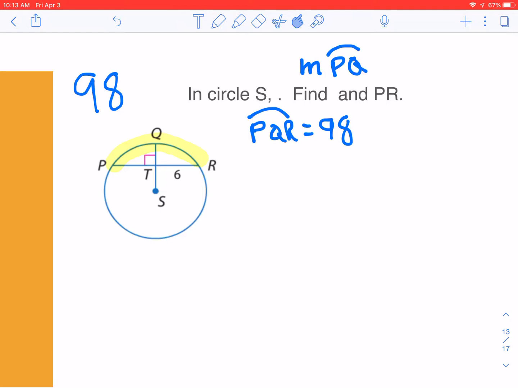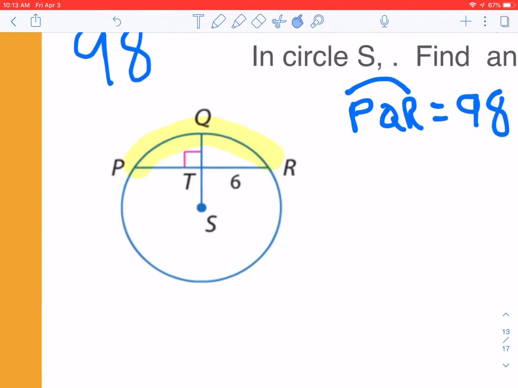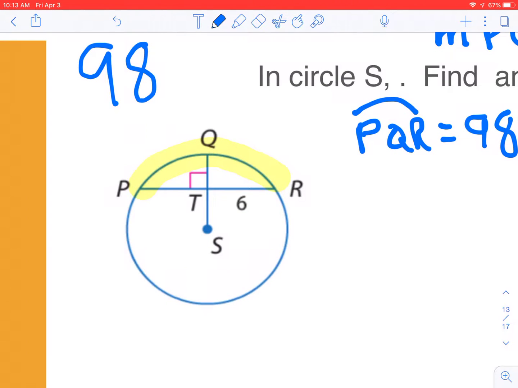All right, I'm going to zoom in a bit. I know that these two are congruent because this forms a right angle, perpendicular bisector. So all I do is I take half of 98, okay? So I know that the measure of PQ is 49.